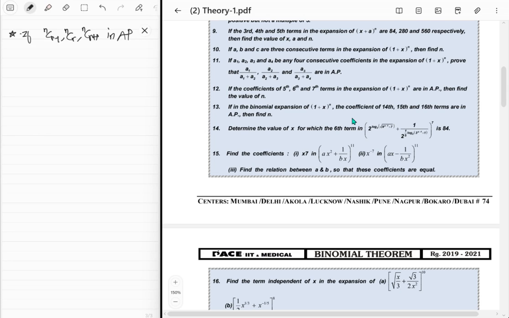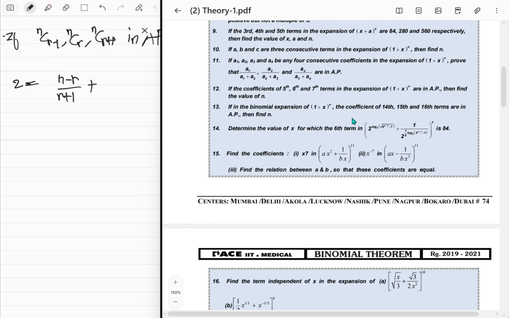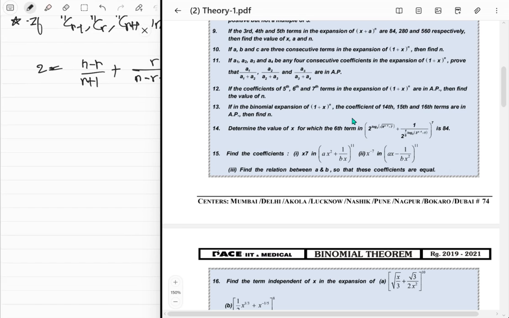So what we have is 2 is equal to NC(R plus 1) upon NCR, which is N minus the smaller number, N minus R, upon the bigger number, R plus 1, plus NC(R minus 1) upon NCR. So we get the denominator N minus the smaller number, N minus R plus 1, and in the numerator, the bigger number, which is R. That should be doing it.